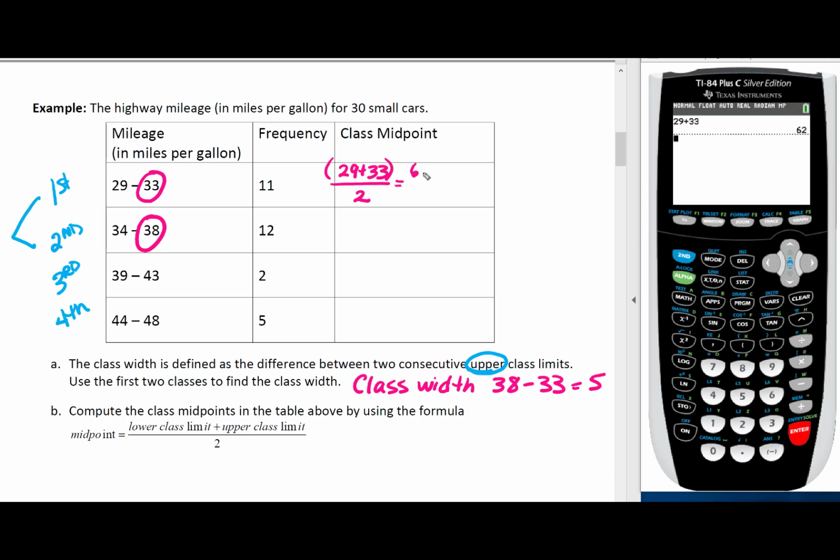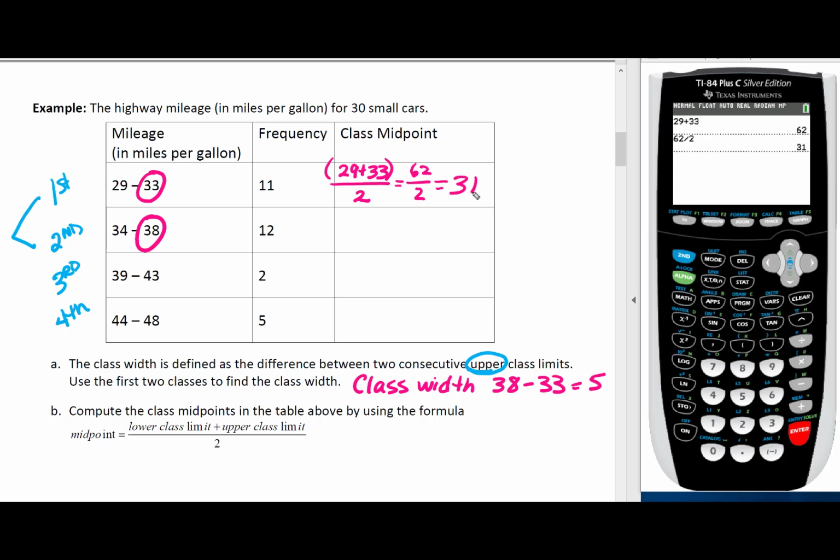So we have 62 divided by 2, and that is going to be 31. So the class midpoint between 29 and 33 is simply 31.